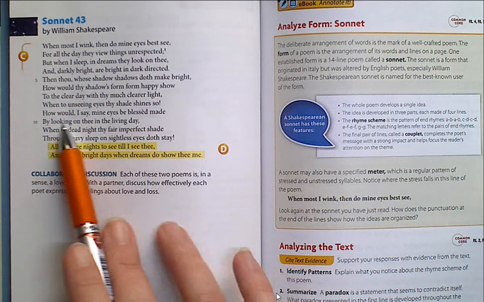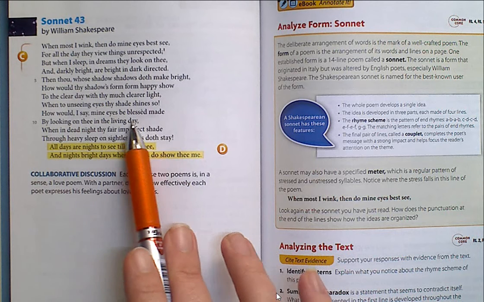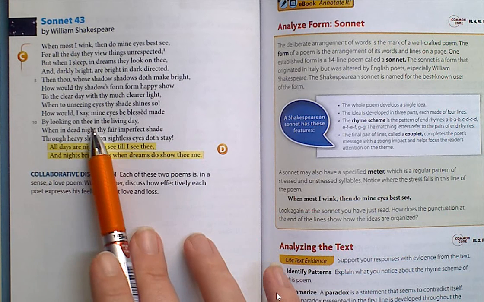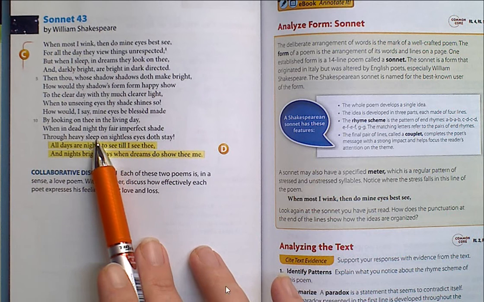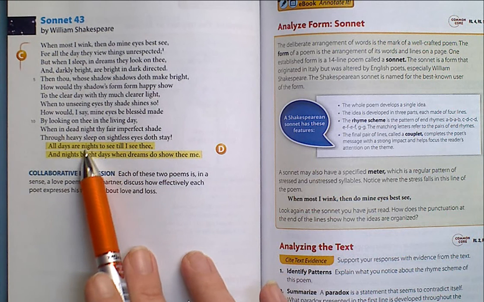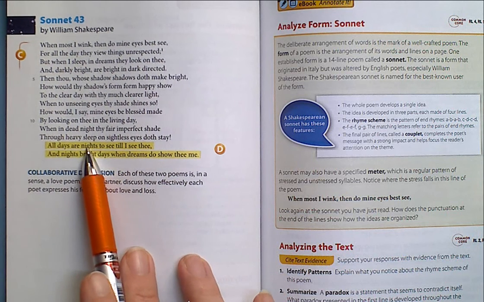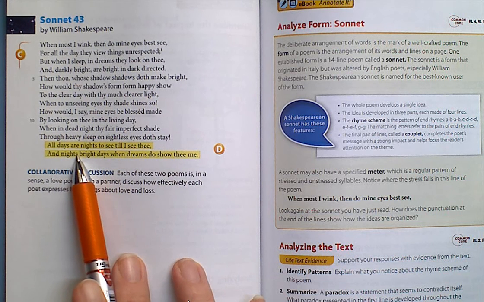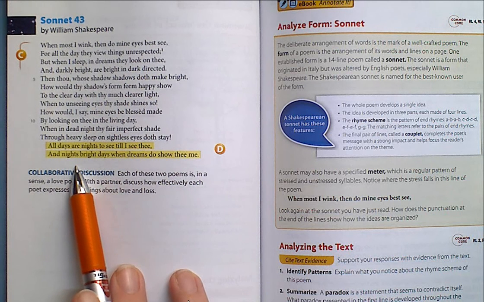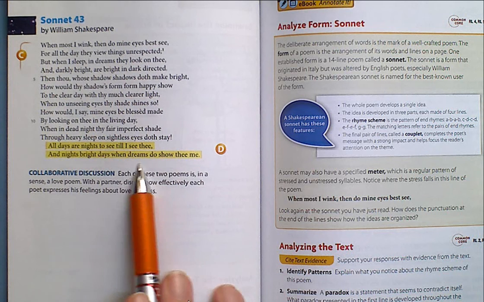How would, I say, mine eyes be blessed made by looking on thee in the living day, when in dead night thy fair imperfect shade through heavy sleep on sightless eyes doth stay. All days are nights to see till I see thee, and nights bright days when dreams do show thee me.